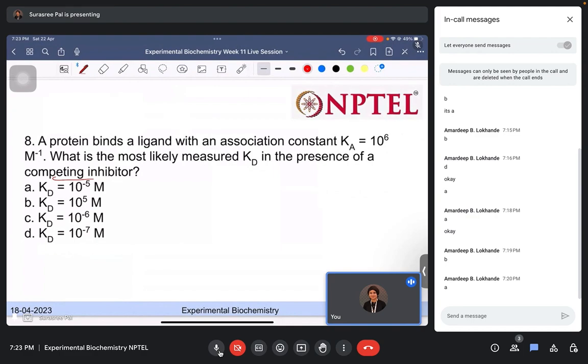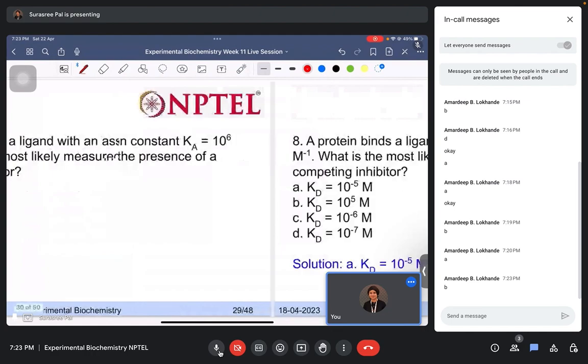Will it increase or decrease? The solution should be 10 to the power minus 5 molar.